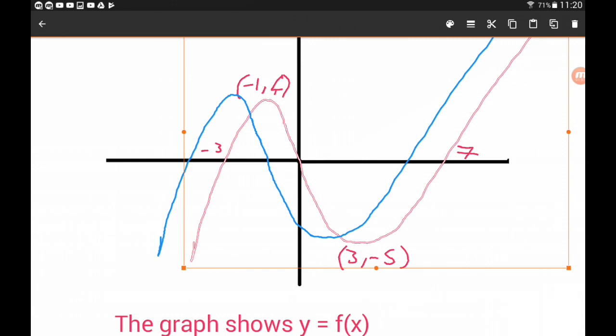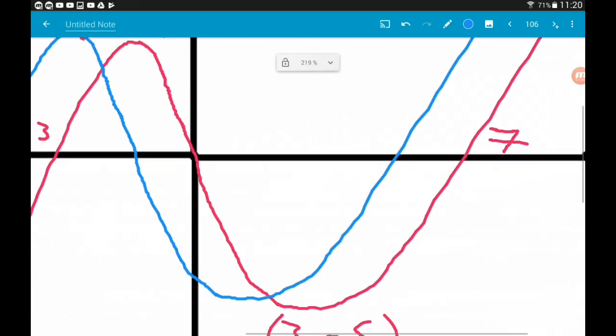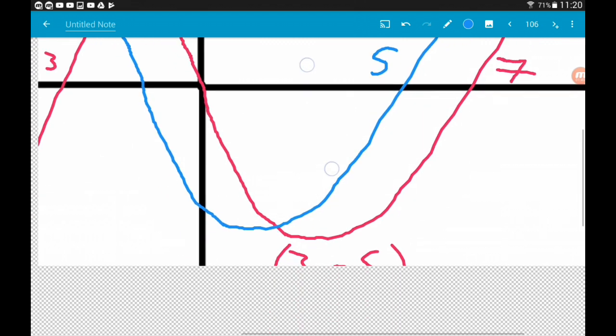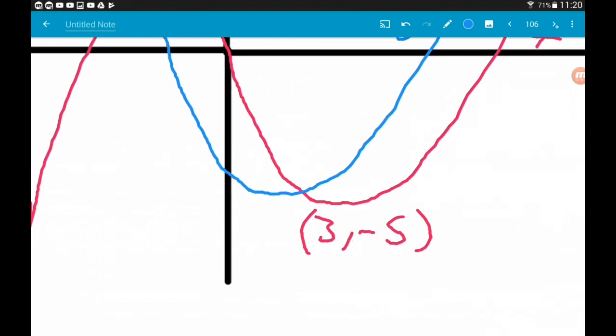Now we just need to label the points that we're asked to label. If we start from the right and work left, this x-intercept is now going to be at 5. This minimum is now going to be at (1, -5).